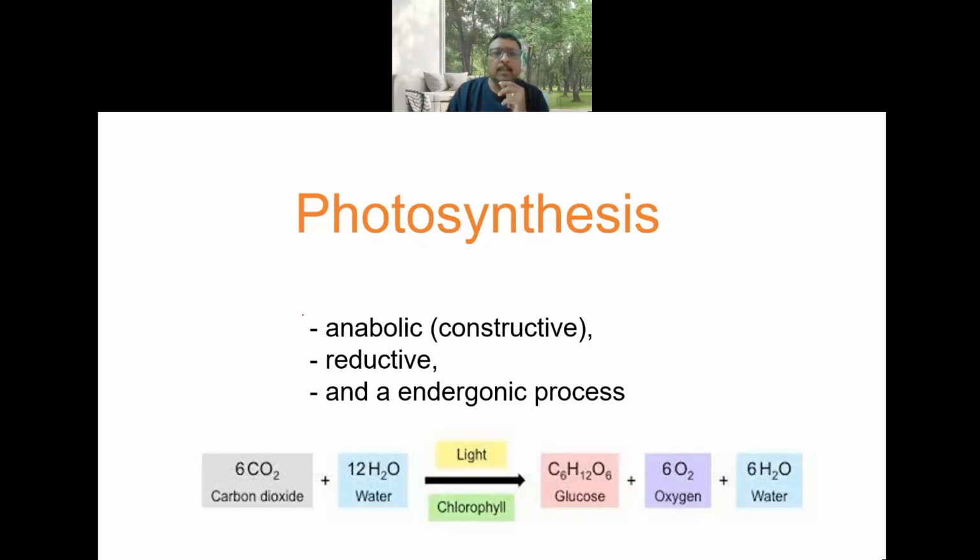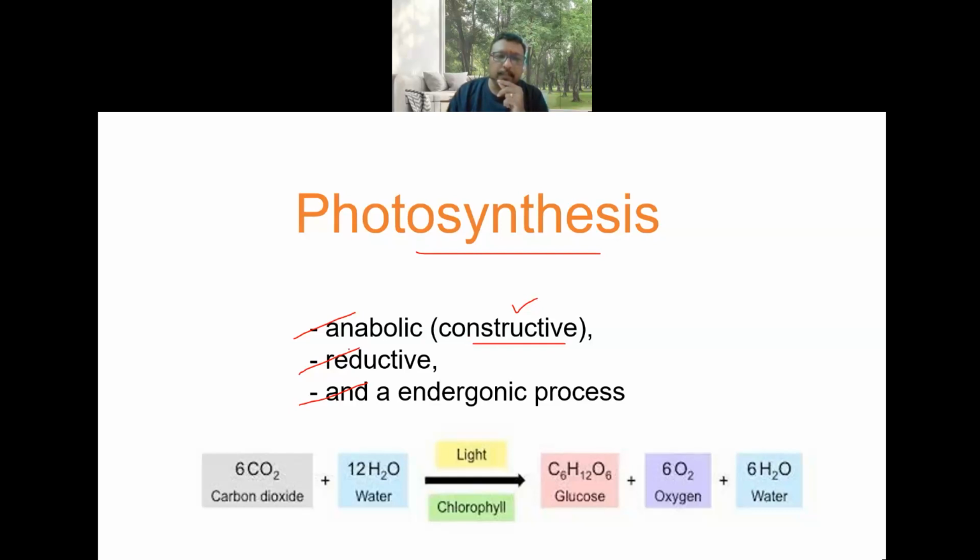Okay, let us start. So photosynthesis, what is photosynthesis? You can say it is an anabolic reductive carbonic process which is taking place in plants in a cell organelle that is called chloroplast. Anabolic in the sense it is a constructive process where simple molecules combine to form a complex molecule.